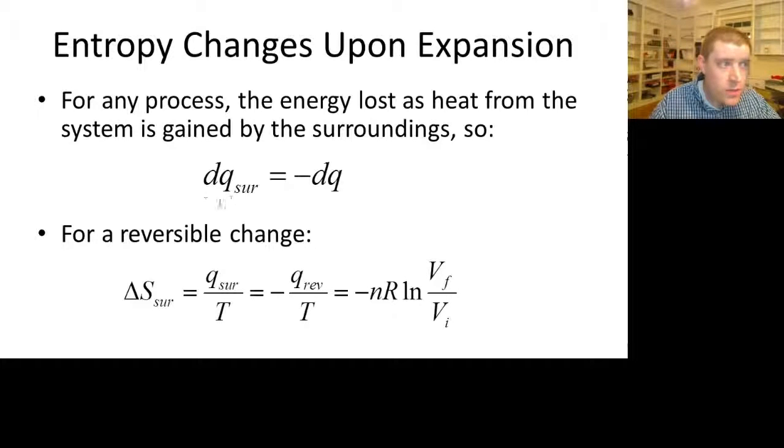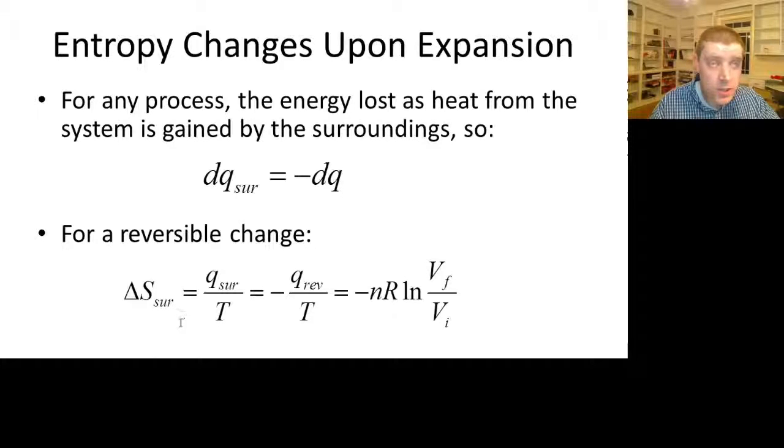So the dq, some infinitesimal change in heat absorbed by the surroundings, is equal to the opposite of the energy absorbed by the system, where here we're leaving off the subscript sys from this q.